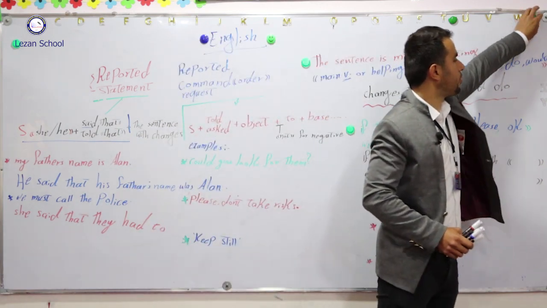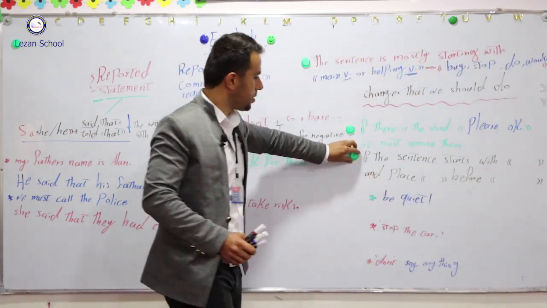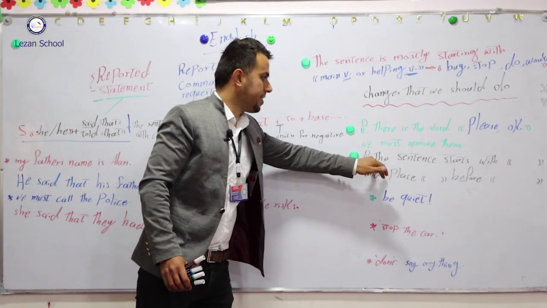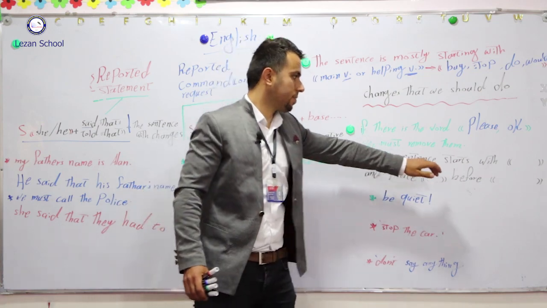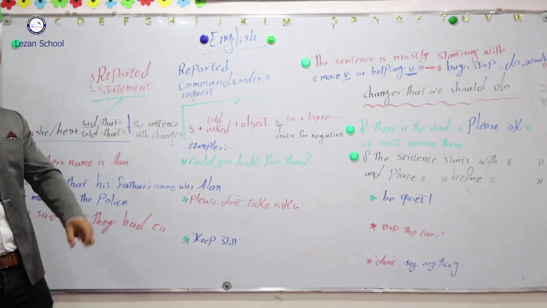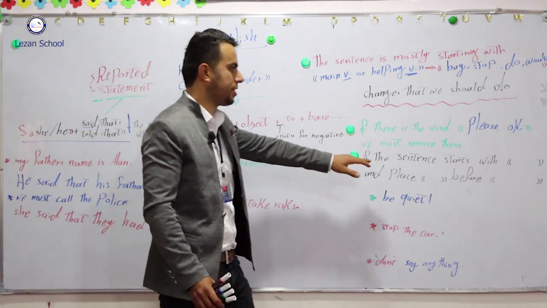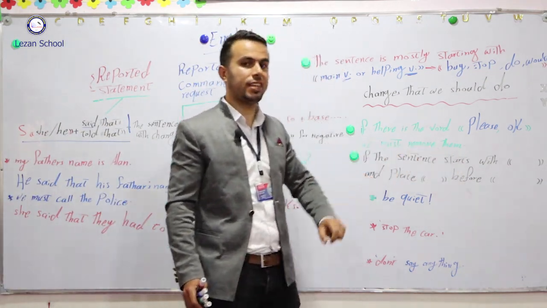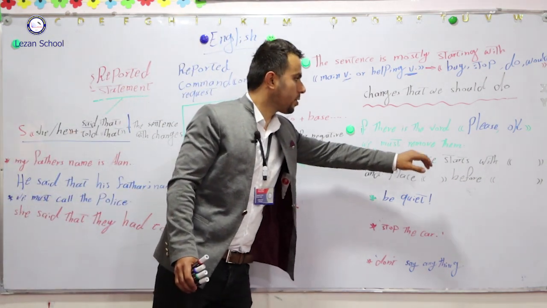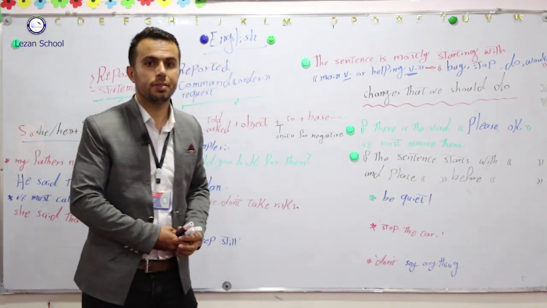What is the rule number two? It's here. If the sentence starts, the sentence is only one. It is singular. That's why start takes S. If the sentence starts with what?